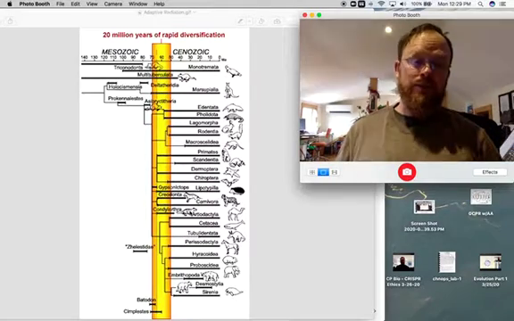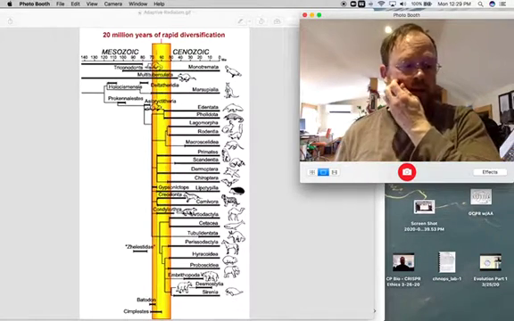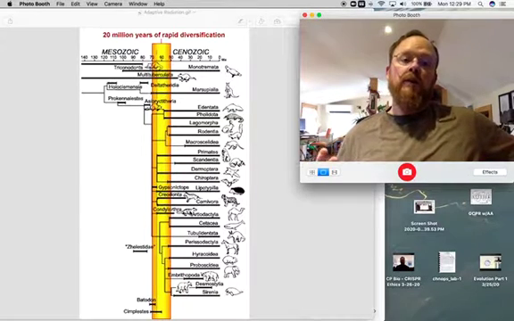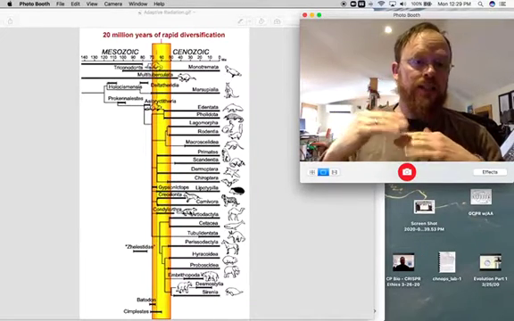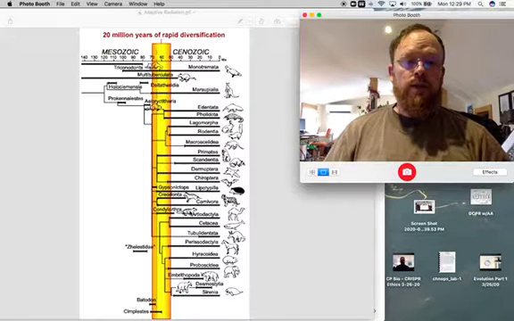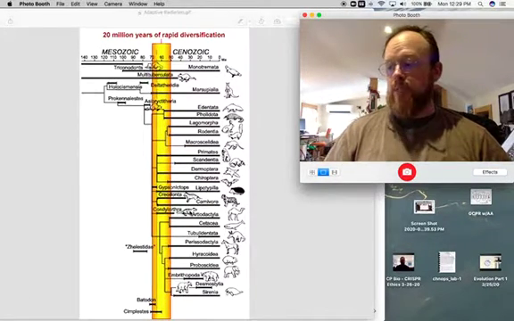Okay, that's adaptive radiation. It's just a whole bunch of niches become available in a relatively short amount of time, and species and populations evolve to fill those available niches.